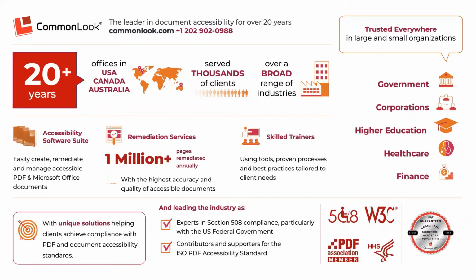Not only do we provide remediation services, we also provide software for PDF accessibility. The software ranges from PDF accessibility, Office accessibility, testing tools. We're going to dive into those as we go through the slides and continue the conversation on a project versus the process of accessibility.